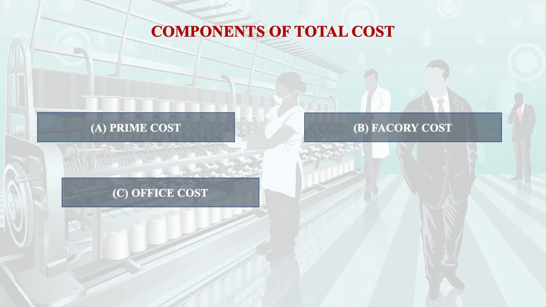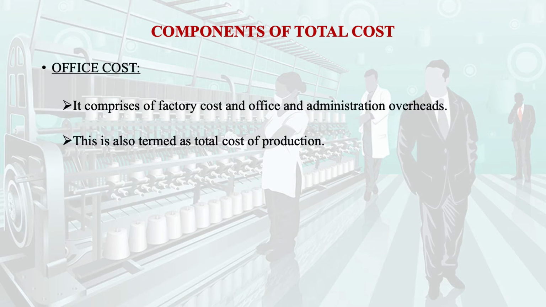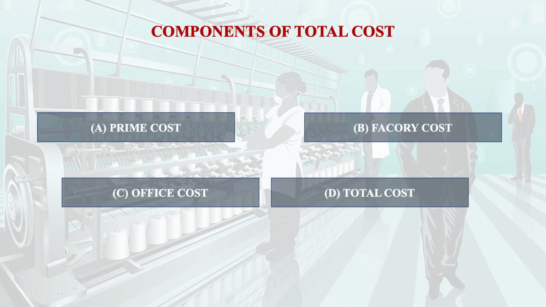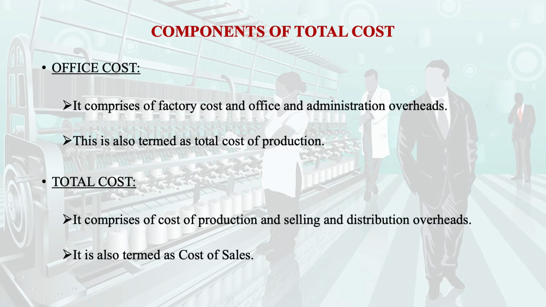Another important component is the office cost. It includes factory cost as well as administration overhead, and this is also termed the total cost of production. The total cost of the product comprises the cost of production, selling and distribution overhead, and it is termed the cost of sales.